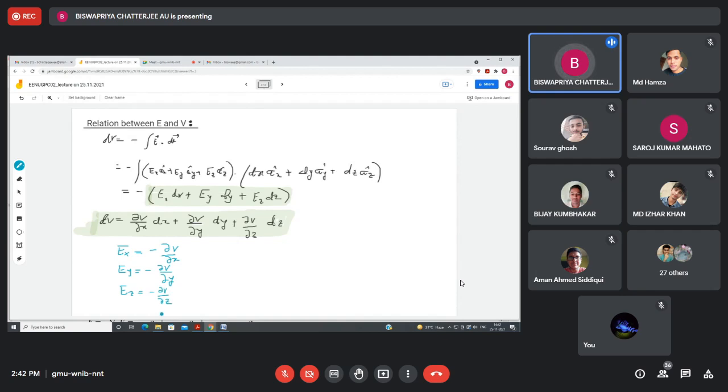By comparing these two equations given in the star mark, we can write Ex is equal to minus del V del x, Ey is equal to minus del V del y, and Ez is equal to minus del V del z.